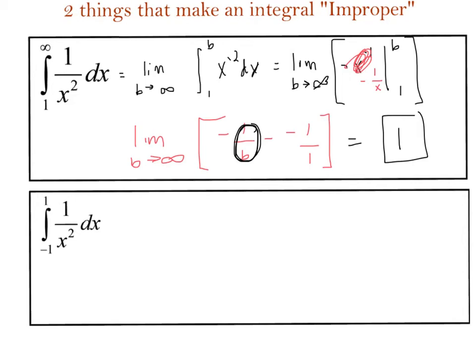Now in this next example where we have a discontinuity at 0, we actually have to break this into two parts. So we say, you know, we're going to do the limit as b approaches 0, and we could even say, as b approaches 0 from the negative side or positive side to be a little bit more exact. b of x to the negative second dx, and then we would add that to the other side of the area, limit as b approaches 0 from the positive side.